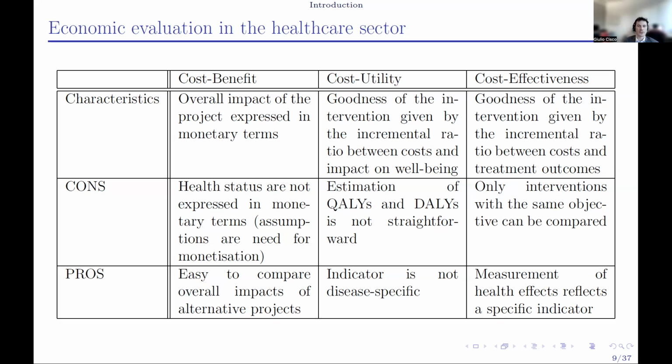For example, for antibiotics, we can have the prescription rate. So if we study the effects of a new policy about antibiotic prescription, we have the cost of it and the effect on the prescription rate.